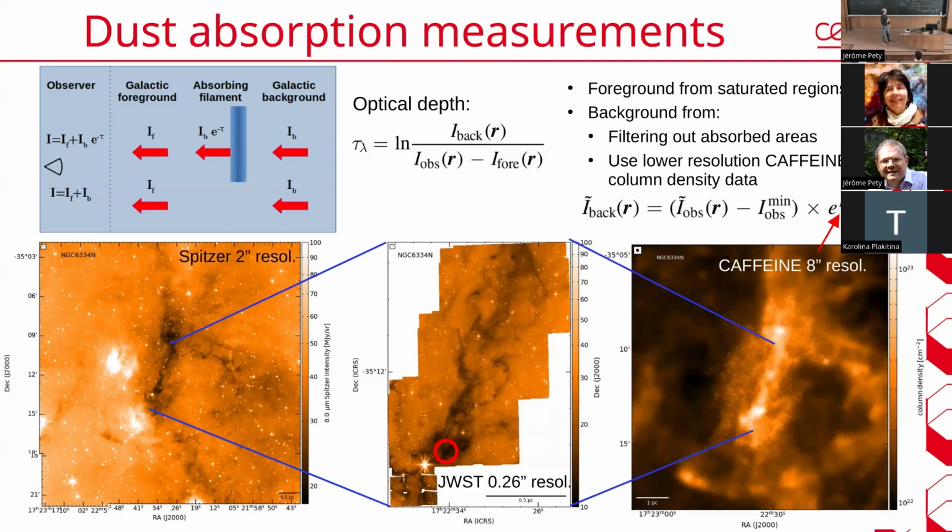So here we have the CAFFEINE data, 8 arcsecond resolution, so we have a nice column density map. You can also see that all of this bright emission here is actually not that dense gas, which is a bit problematic in all of the analysis. But we get an idea of the low resolution column density, which we can then put in and derive some of the background from this.